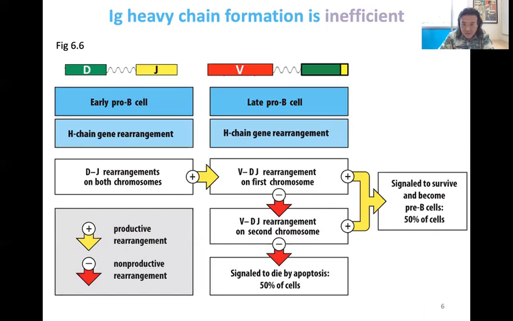If you go back inside the bone marrow, those hundreds of millions that even made it out of the bone marrow only represent 50% of the B cells that started down that pathway to try to become a B cell.